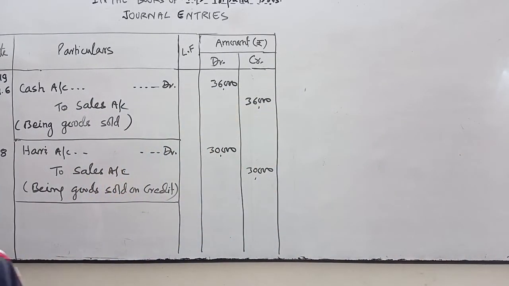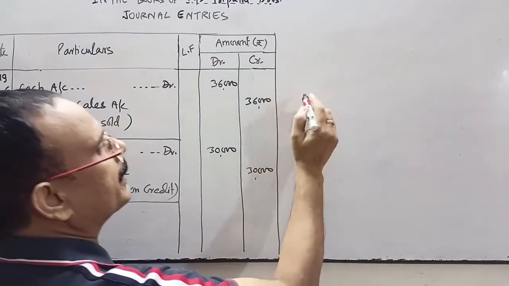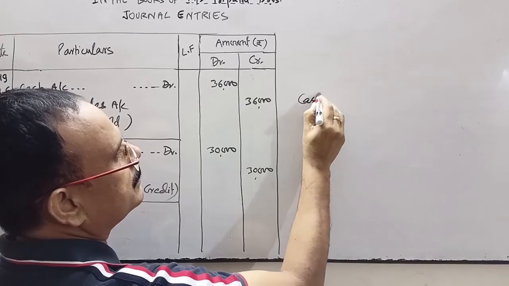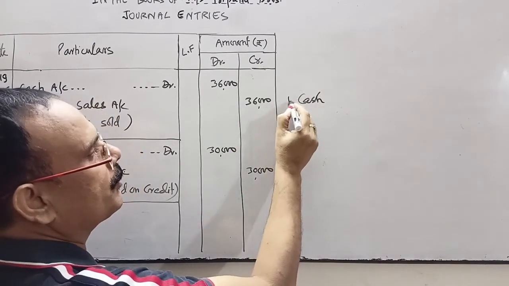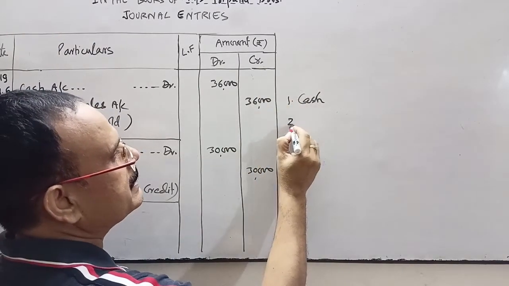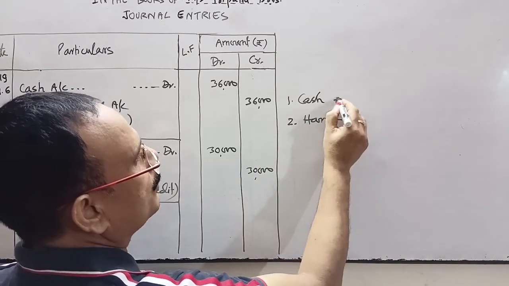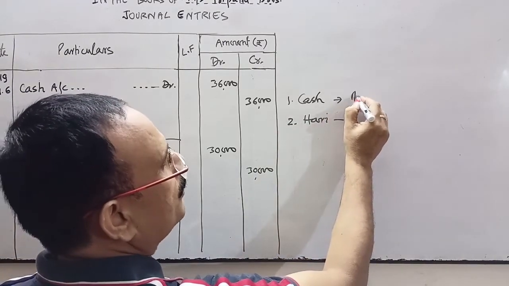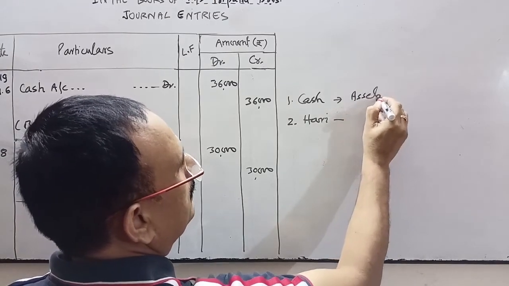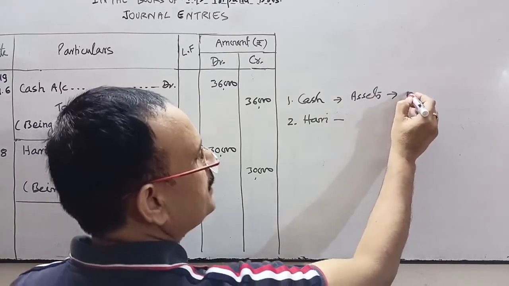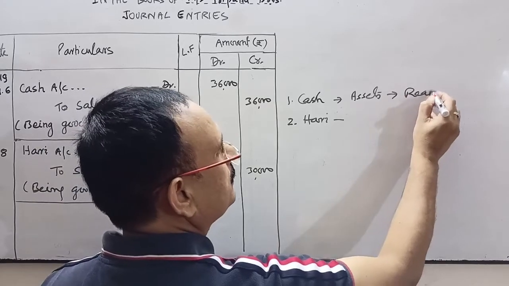Third transaction, received cash from Hari. Two accounts will be involved. One is cash, and cash is received from Hari. Cash is an asset. It comes under which account? Real account.